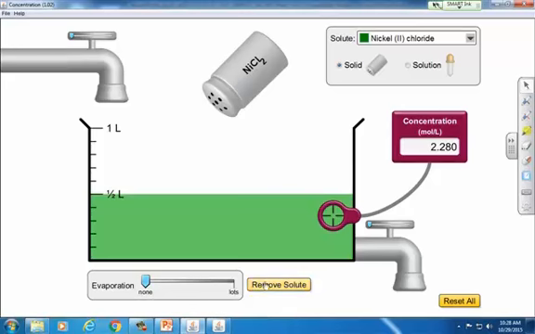What will happen if I evaporate some of the water? What will happen to the concentration? If I evaporate, so the nickel has a charge. It's a 2+ charge, and the chloride has a negative charge. So the attractions between the nickel and the chloride are very strong.